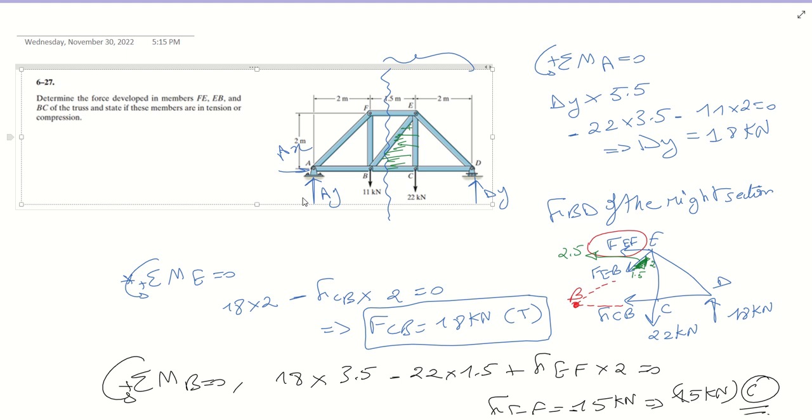As I said, for the zero force member, you have two cases: either the case of 2 members together or the case of 3 members. So just review very well these two cases, because for sure you will get it as the first question in the truss problem.